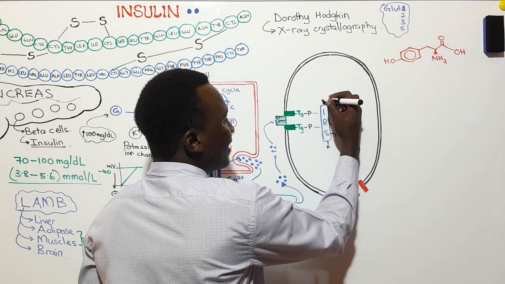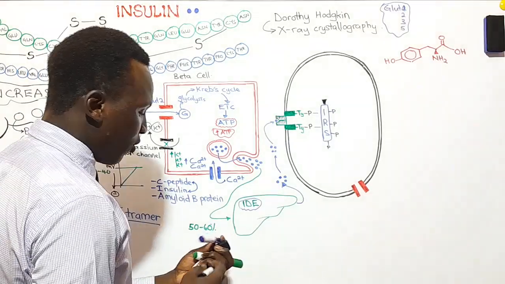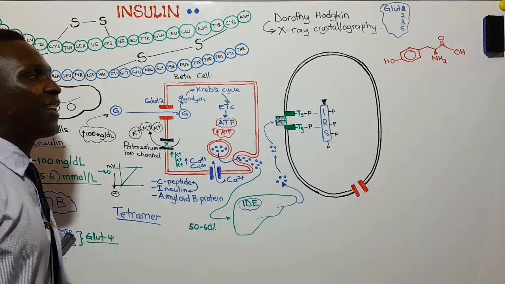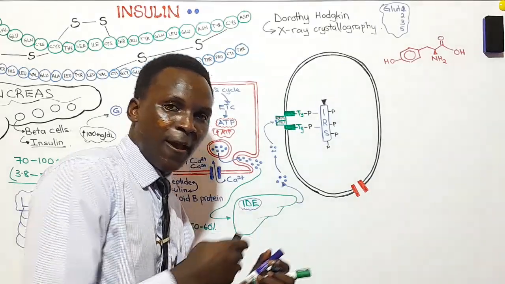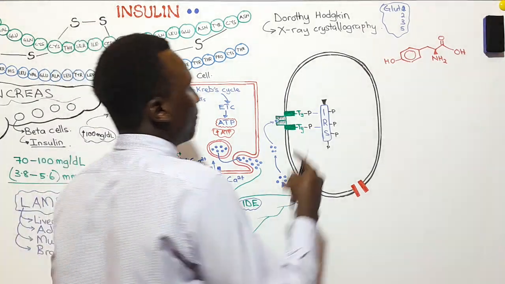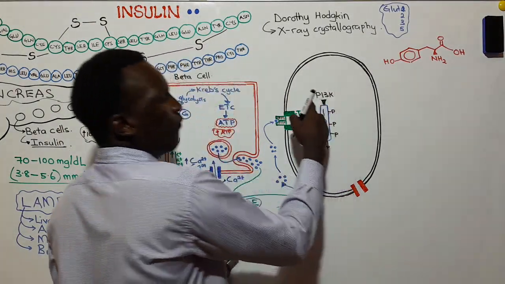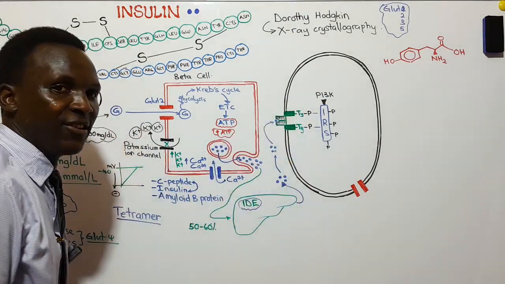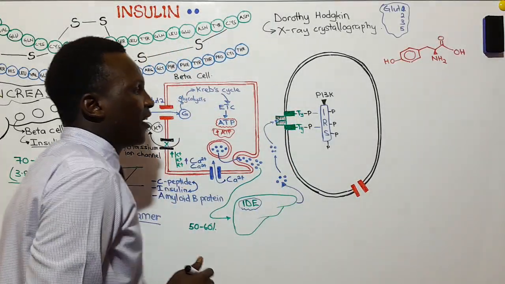A docking site is like an attachment site. So what does this docking site do? It enables attachment of an important molecule we call PI3K. This PI3K stands for phosphoinositide 3 kinase.